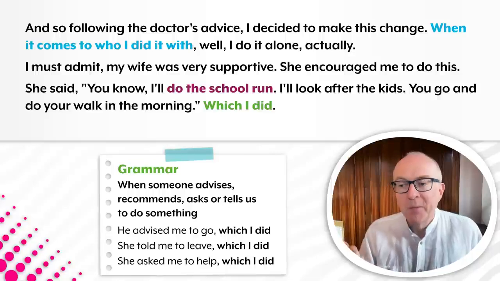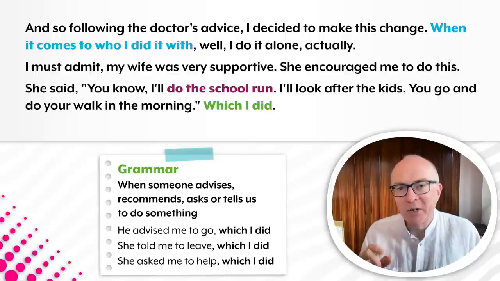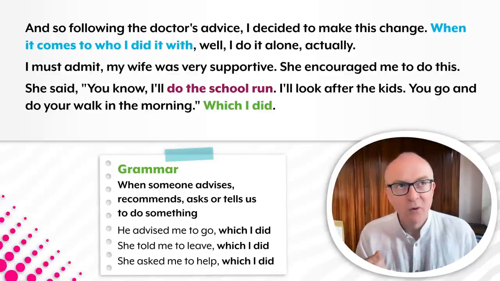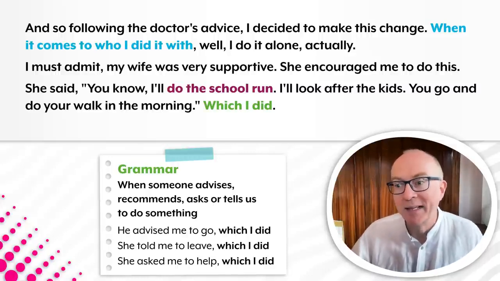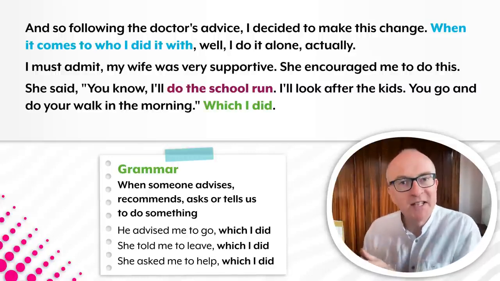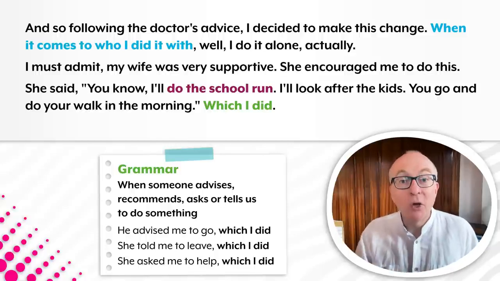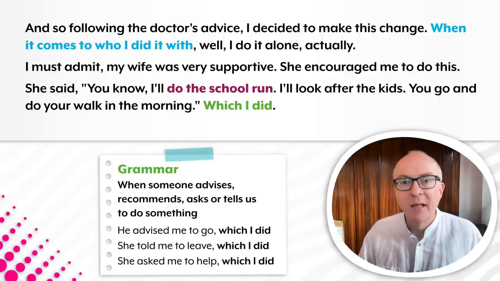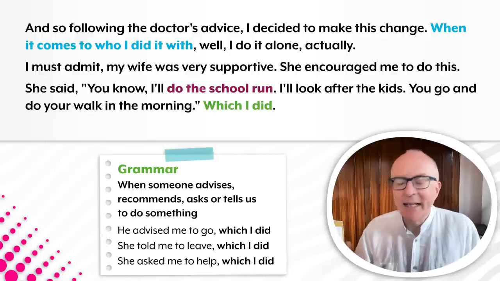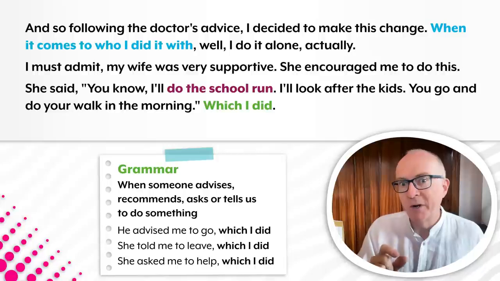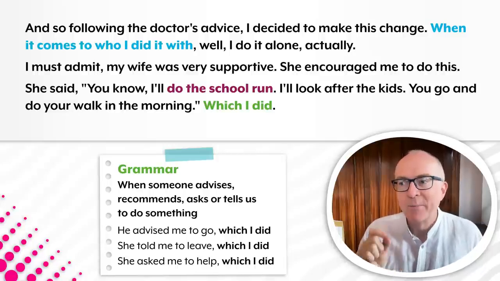But here, again, this is when somebody advises us or recommends or asks or tells us to do something. We can just say, which I did, at the end. She told me to go for a walk, which I did, instead of and I did. And that reference, the which referring back to go for a walk, it's lovely.